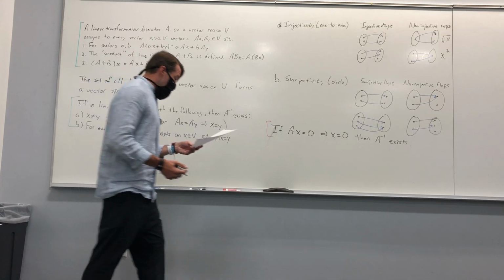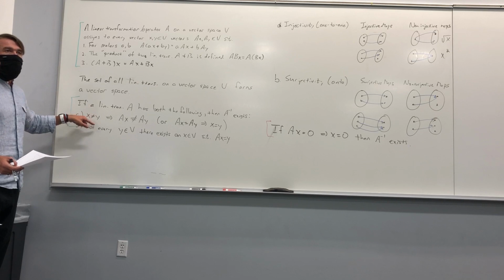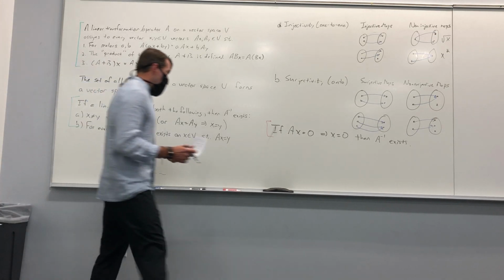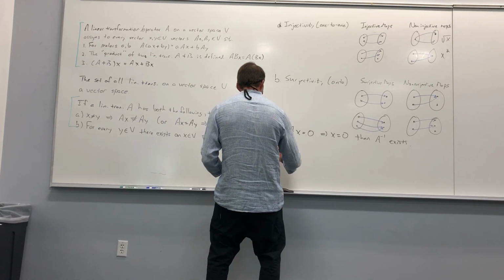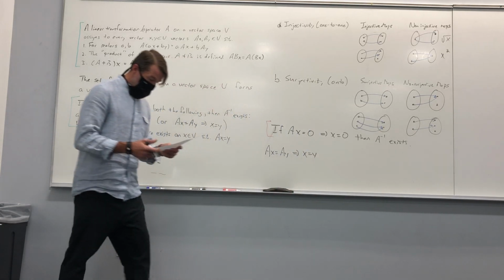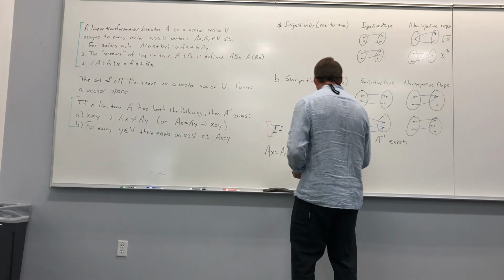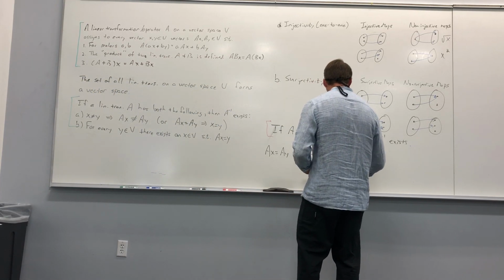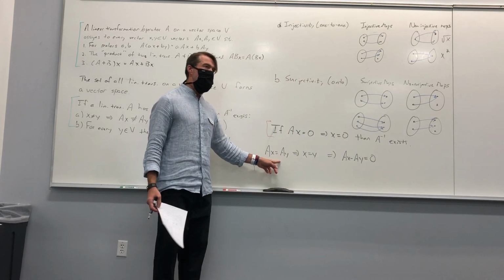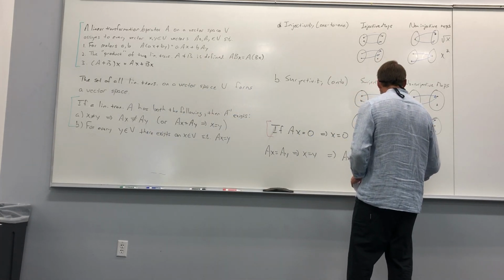Well, let's show this. First of all, we can pick either one of these to work with, because now we know if one of them is true, the other one's true. So let's pick the first one, and let's say AX equals AY implies that X equals Y. Now let's just rearrange it. AX minus AY equals 0, because AX is equal to AY. But this is A times (X minus Y).